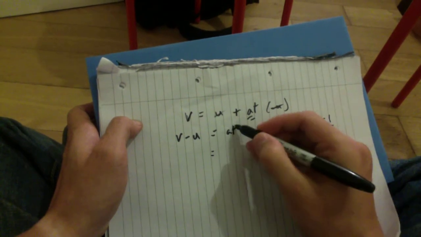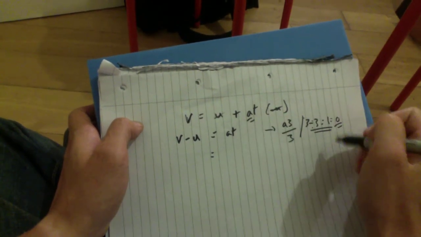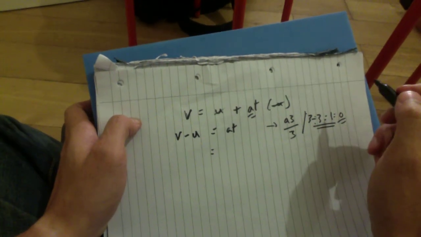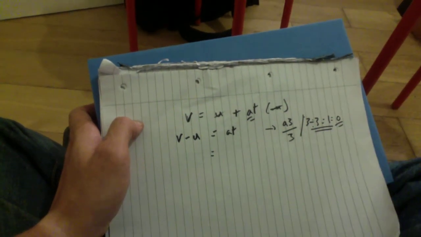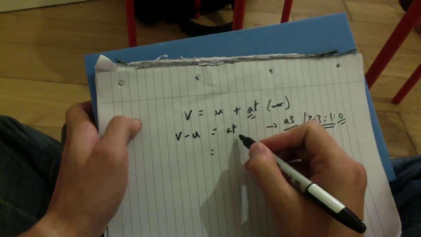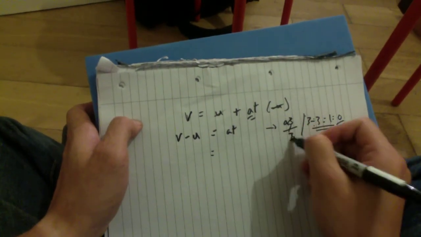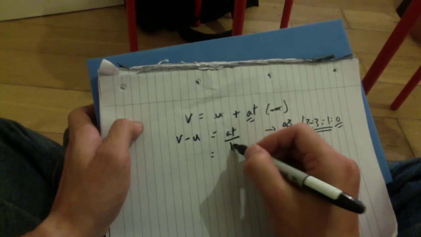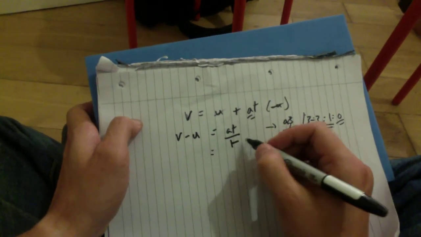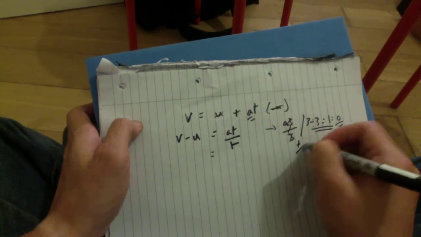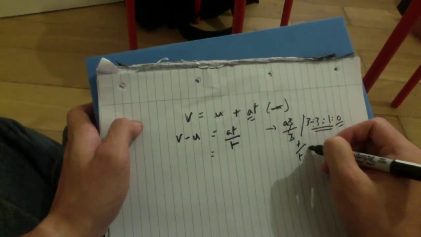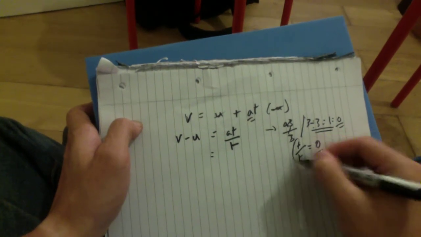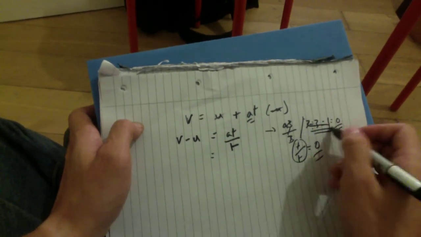So what I'm trying to say is you need to divide at by t, because t divided by t is 1. Okay, that'll take care of itself. I don't know if that's right, but you know what I mean.